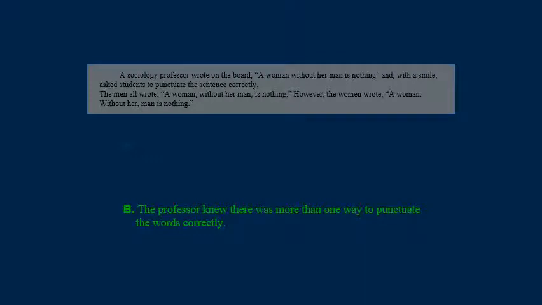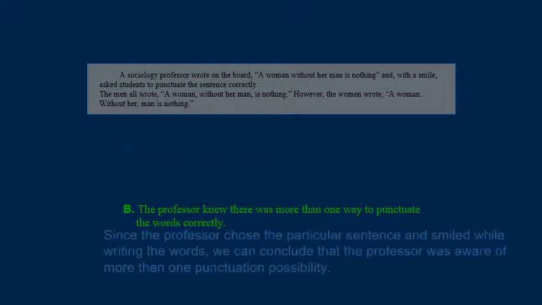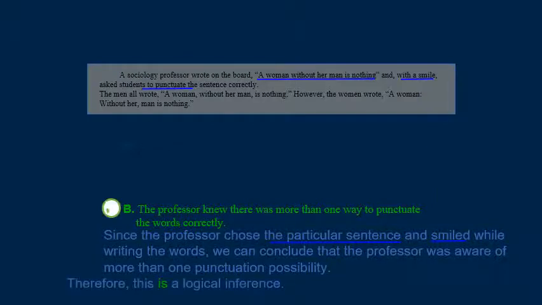Right, if you chose B as your answer, you have a good logical inference. Now, look at the clues provided here. We know that the professor chose the particular sentence, "A woman without her man is nothing," and after that he smiled while writing the words. So from this, we can conclude that the professor was aware of more than one punctuation possibly made by his students.